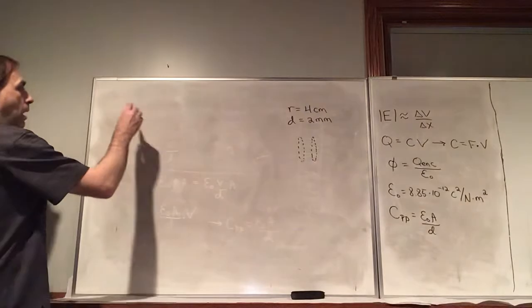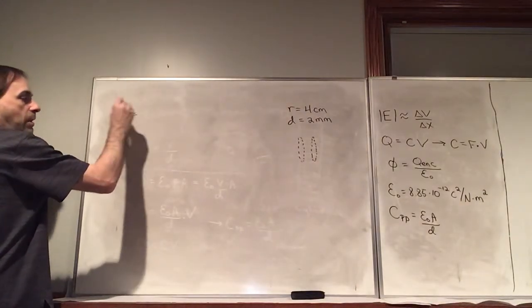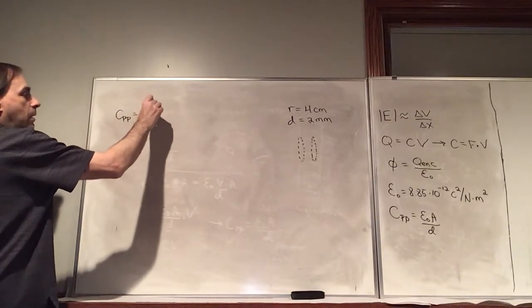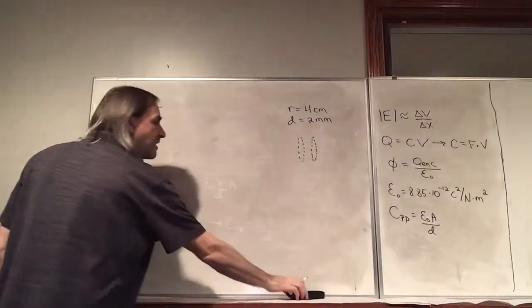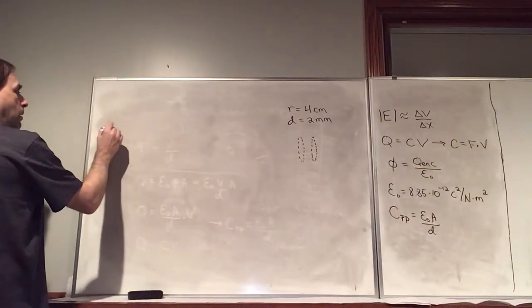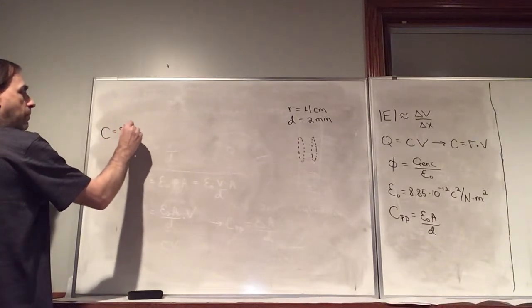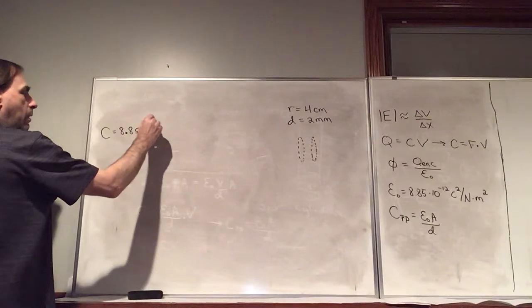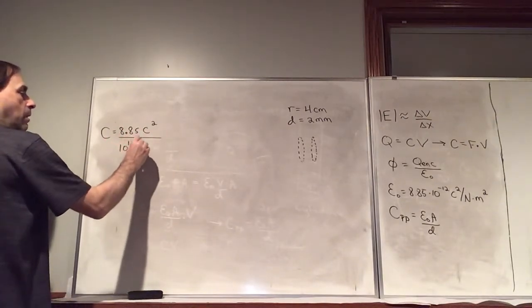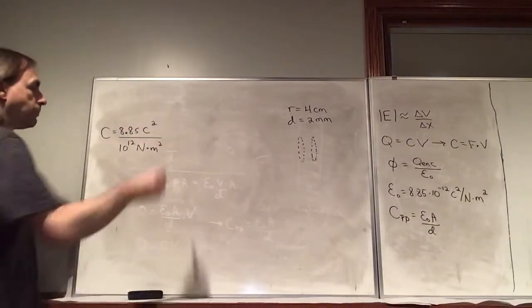All right, so we've got our formula. We have epsilon naught, that's 8.85 times 10 to the minus 12, so I'm going to put 10 to the 12 on the bottom.